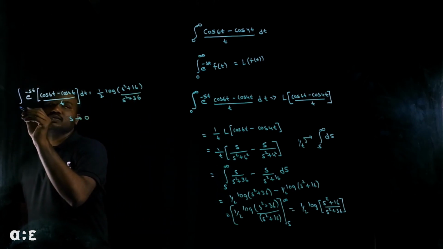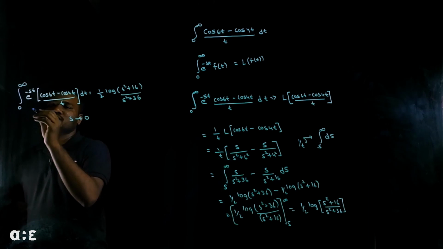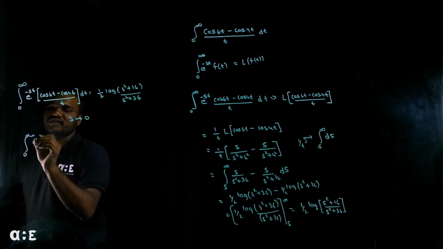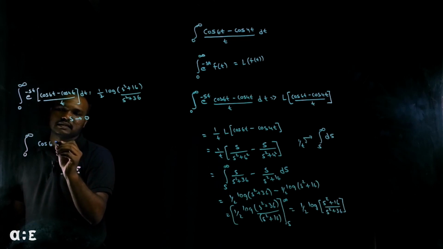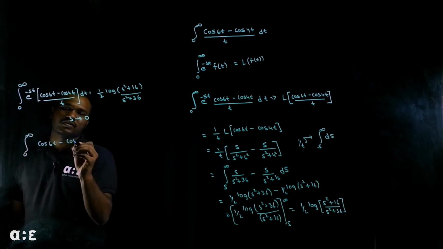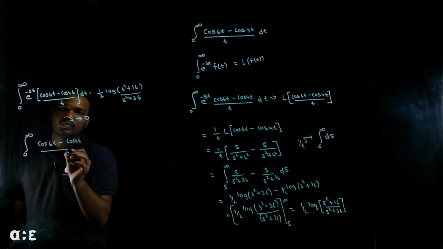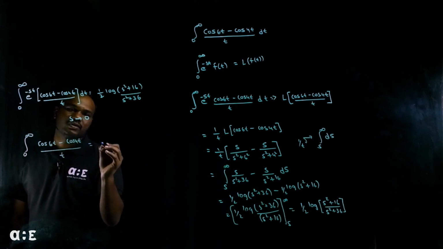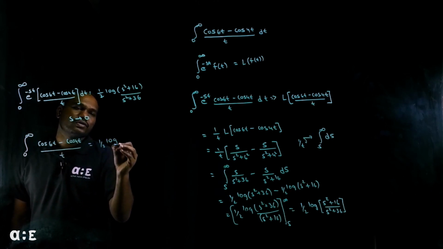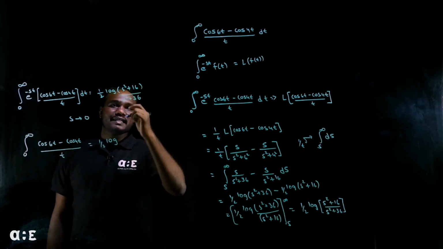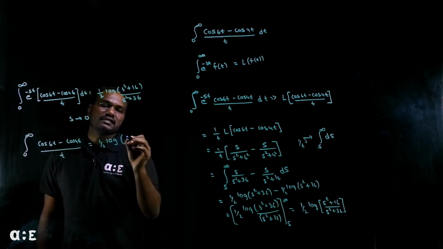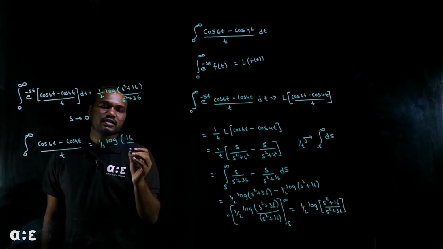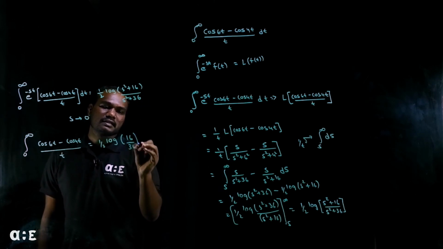So e power 0t is 1, and the limit was 0 to infinity. So we get the integration from 0 to infinity of cos 6t minus cos 4t over t, which is equal to half log. Here also I need to substitute 0, so I get 0 plus 16, that is 16, over 0 plus 36, that is 36.